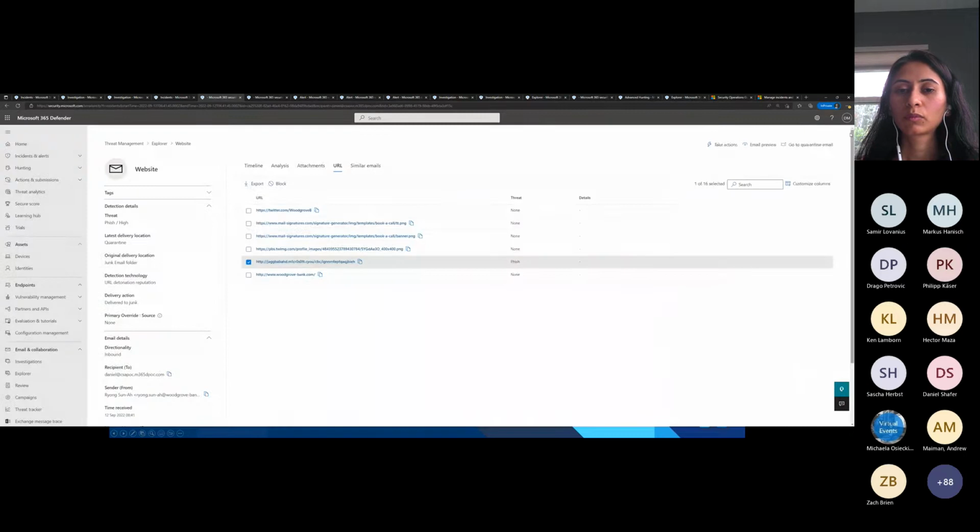The other thing I wanted to call out is some features we recently released around this experience. One that I think can be useful when you investigate email messages is this preview. It's available if the email is still in a user's inbox, but you can also see it if it's in quarantine. If you want to say, okay, the system says it's bad and the URL is bad, what does the email message look like?